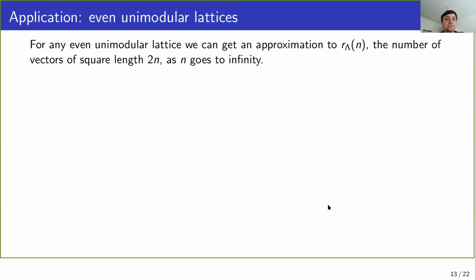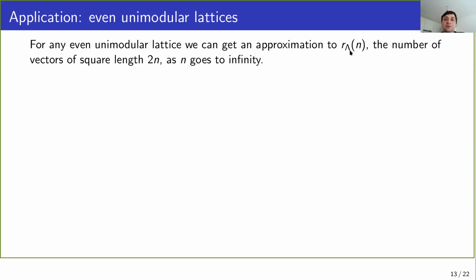Okay. So now the real application. We already got one application, which is a very simple proof of the fact that if there is an even unimodular lattice in dimension d, then d has to be divisible by 8. What we can also do is this: we know that the theta function is a modular form, and we know more or less precisely what the space of modular forms for SL2(Z) looks like.